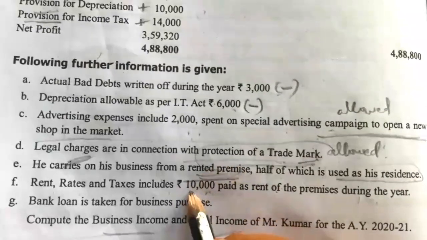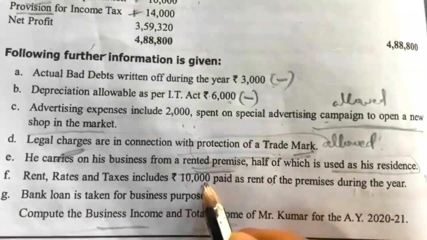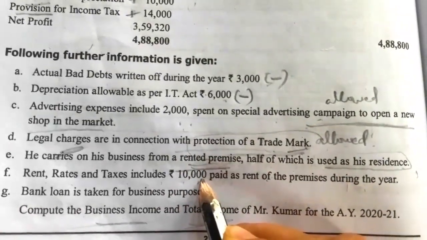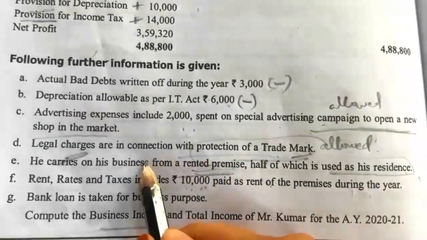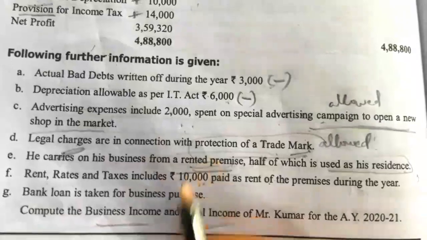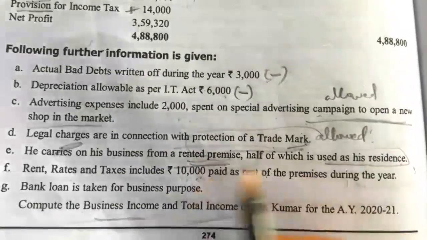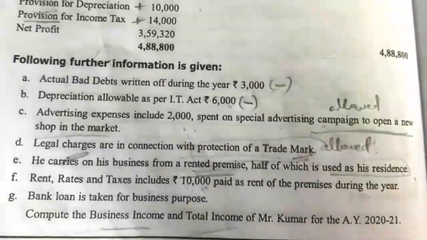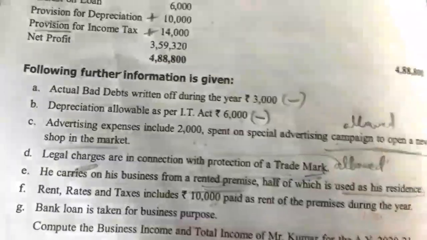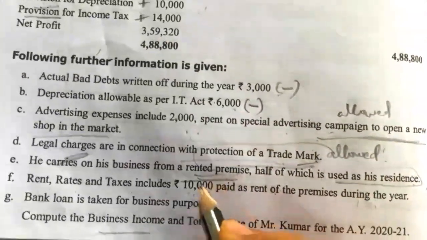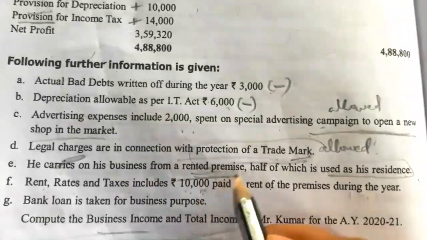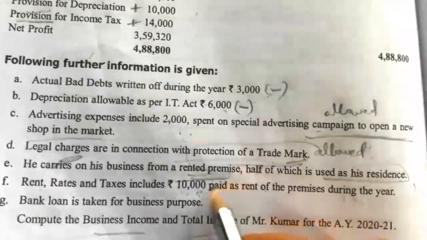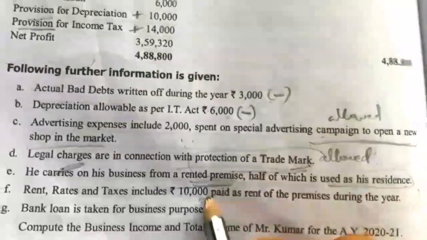The remaining 50% is used for his residence; it is a personal expense and is not taken as a business expense. So out of 10,000 we take only 50% as allowed, and the remaining 50% is disallowed.